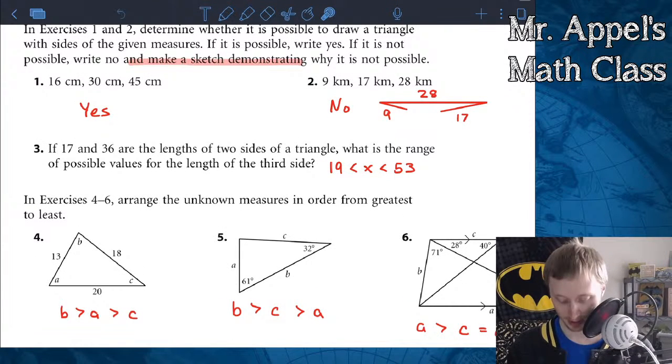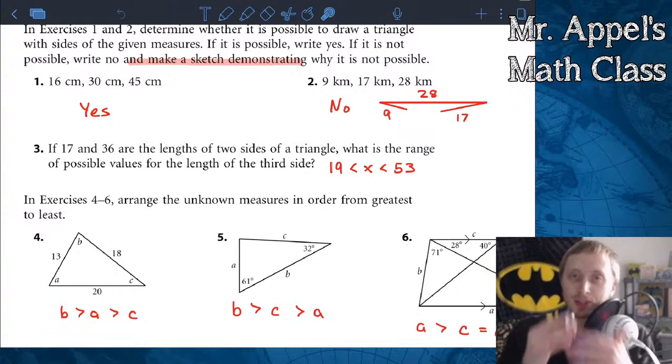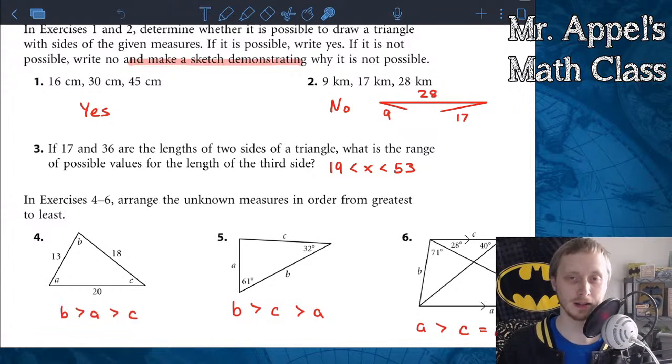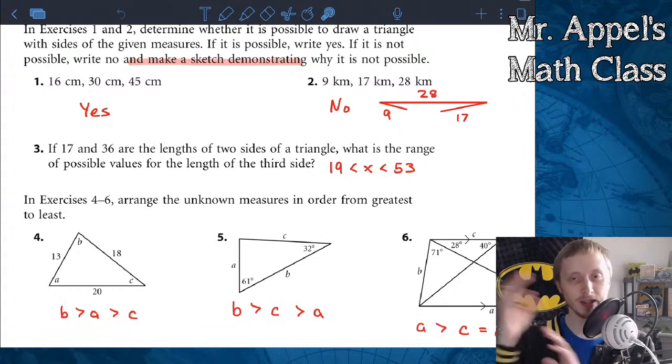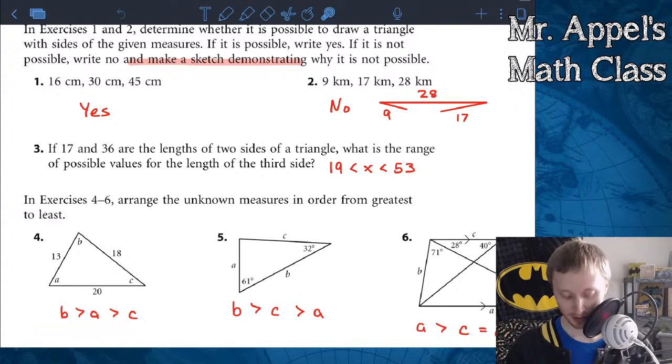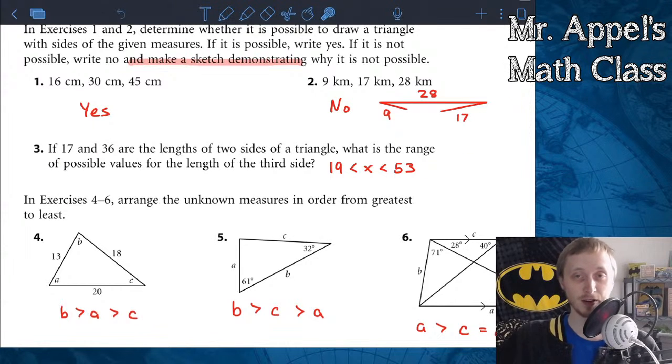Question number 3 gives you two sides and says, what's the range on the third side? So you need to think about this as, what are the extreme possibilities here? The biggest it could possibly be would be if I added these two together. Right, 17 plus 36 would be 53. We said we're not allowed to be bigger than the sum of those two. But what if the third side isn't the biggest?